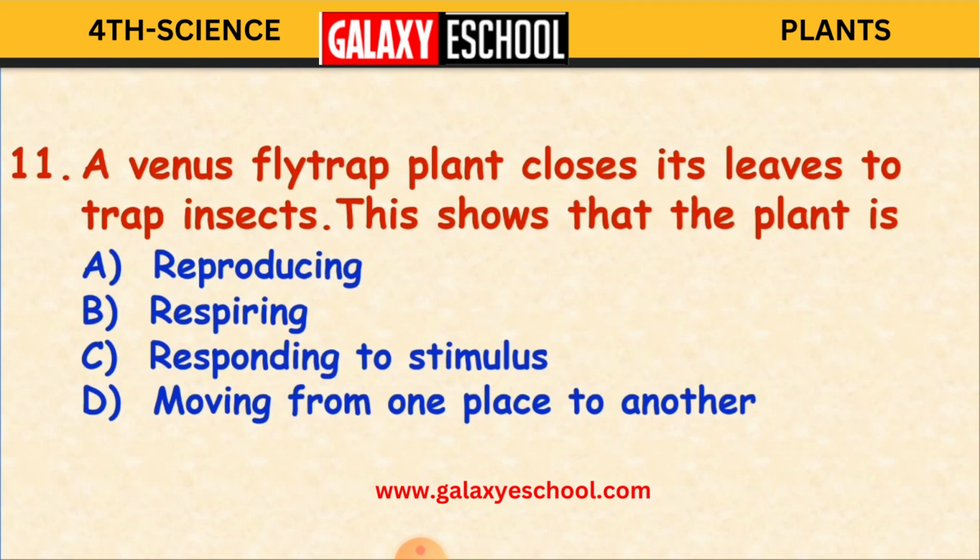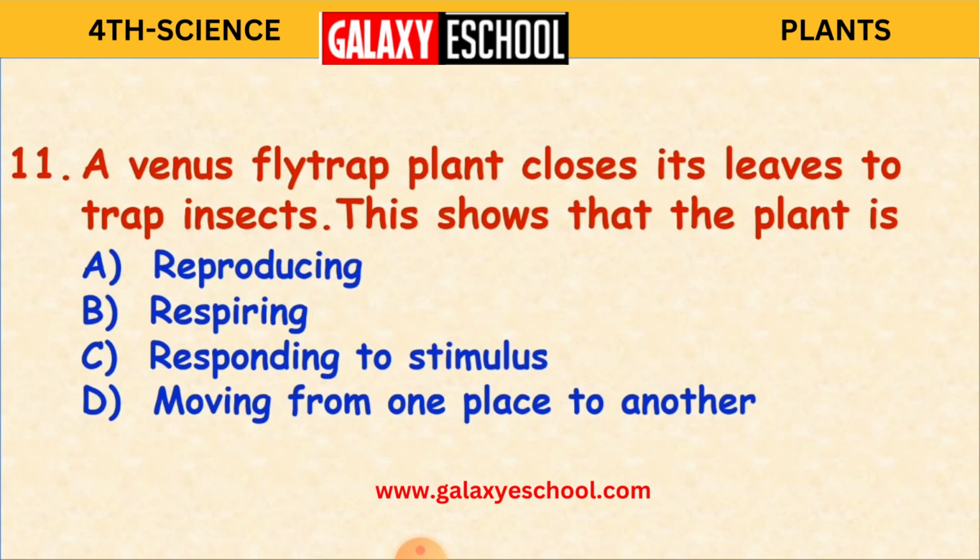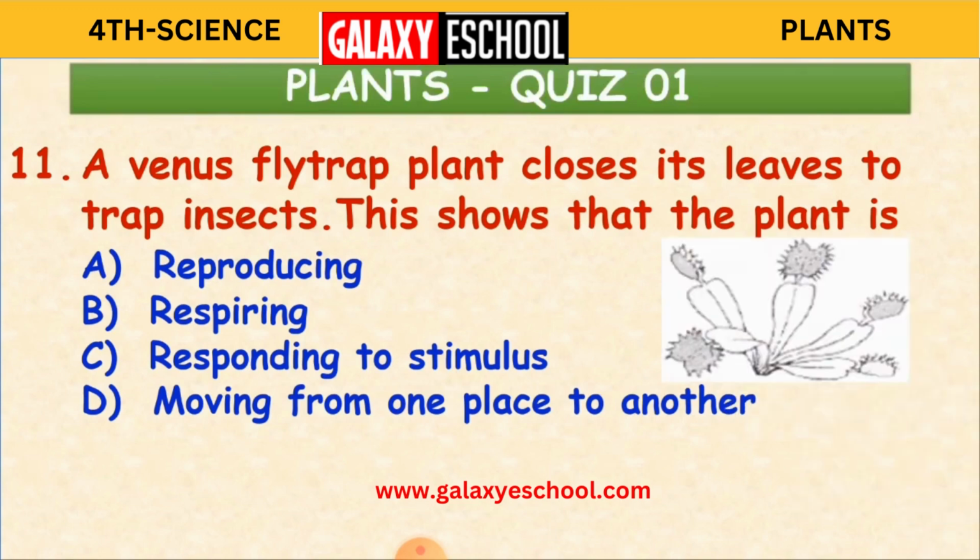When the insect comes near the plant, the plant traps it by closing its leaves, and this shows that it is responding to stimulus. The C option is the correct answer.